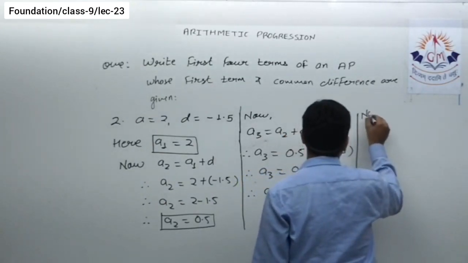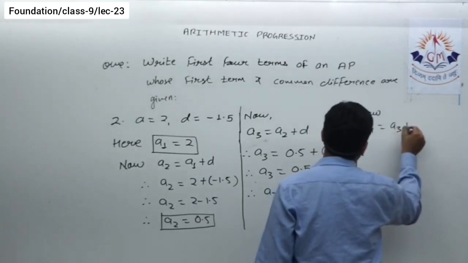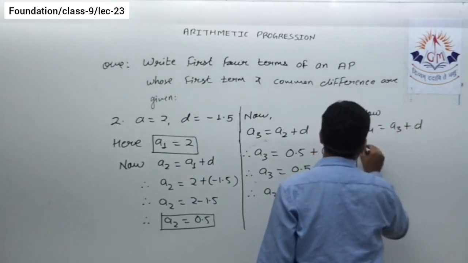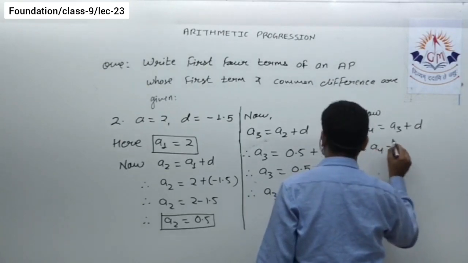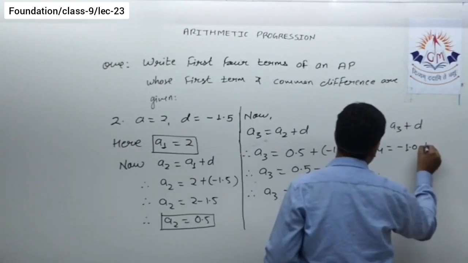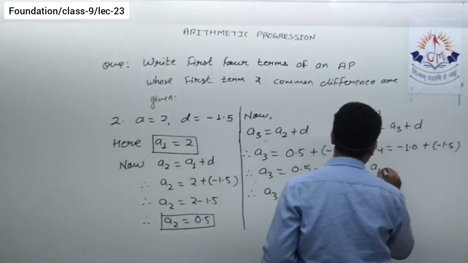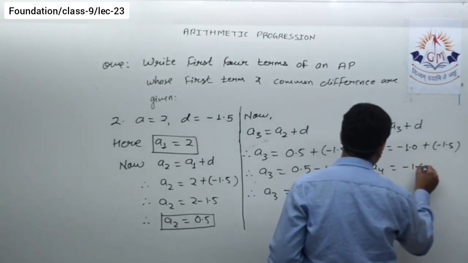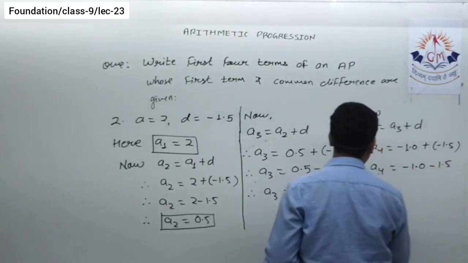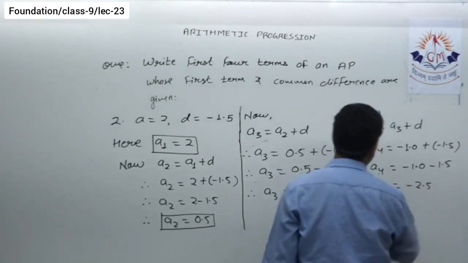Now a4 is equal to again a3 plus d. Therefore a4 is equal to minus 1.0 plus minus 1.5. Therefore a4 is equal to minus 1.0 minus 1.5. Therefore a4 is equal to minus 2.5.